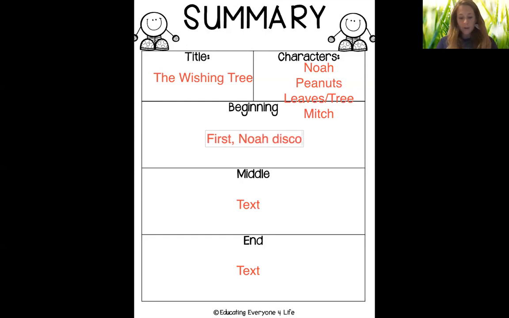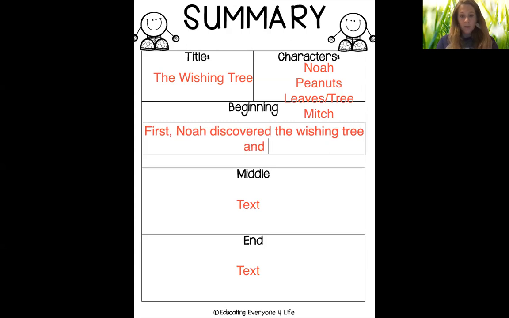Noah discovered the wishing tree, and he was whisked into the tree.